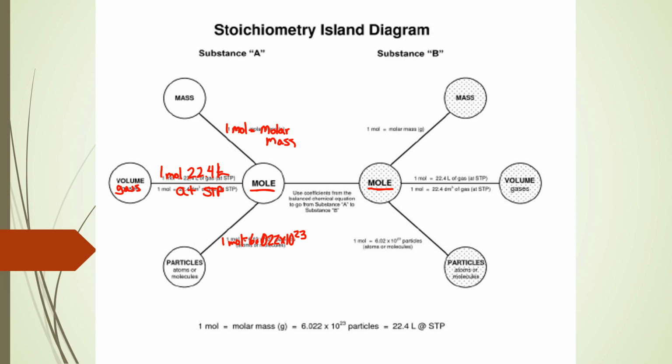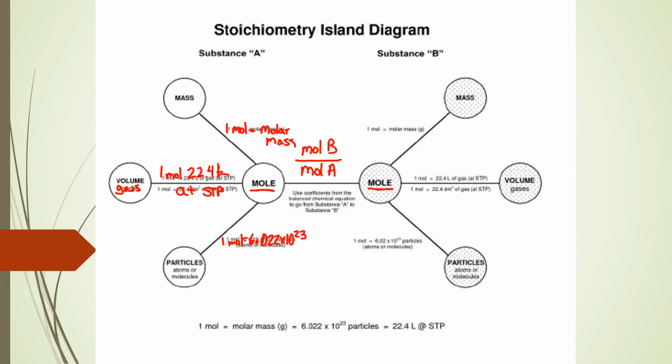All right. Now, here where we're going from mole to mole, it's always going to be mole of B, B is our new substance, over mole of A. And that's coming from the mole ratio in the balanced equation.